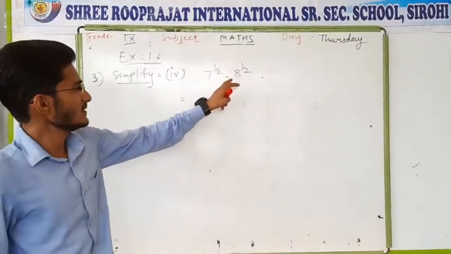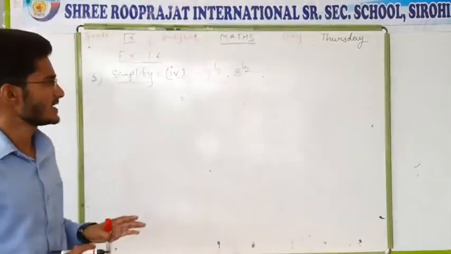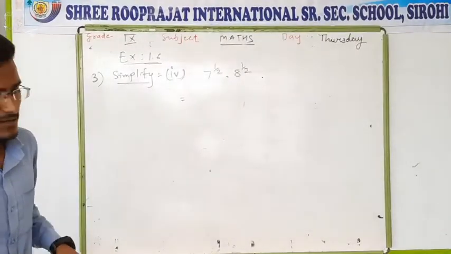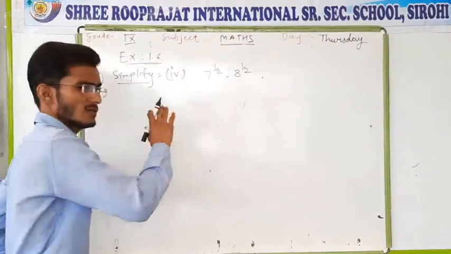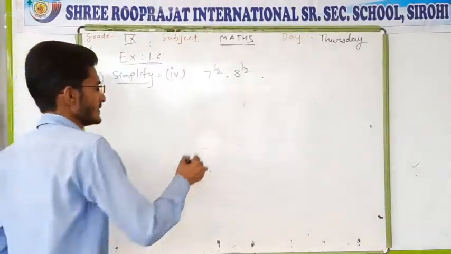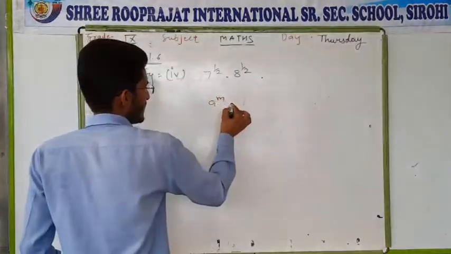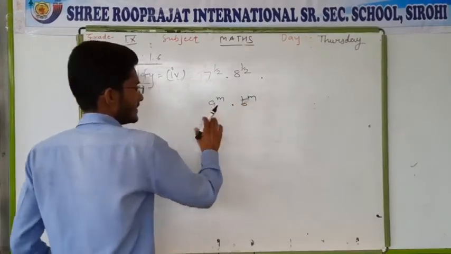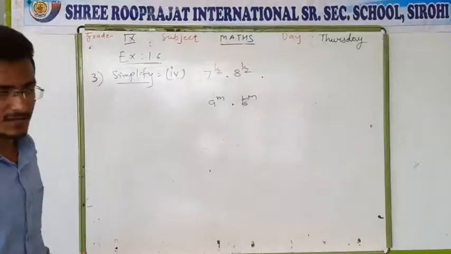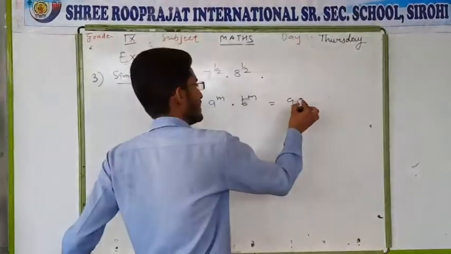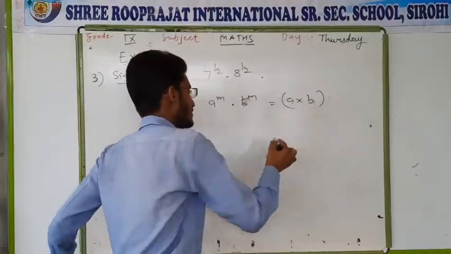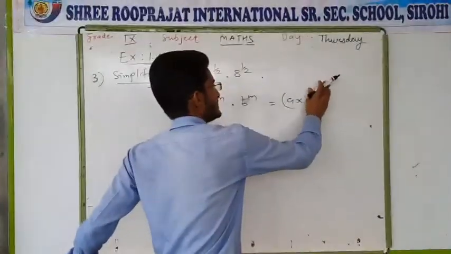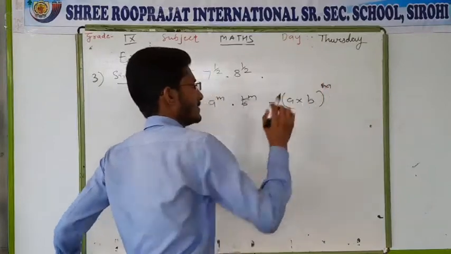Here you can see the bases are different, 7 and 8, but the exponents are the same, half and half. In that case, the law which can be applied is a to the power m times b to the power m. When the bases are different and the power is the same, you can multiply both bases and the exponent remains the same, that means m.